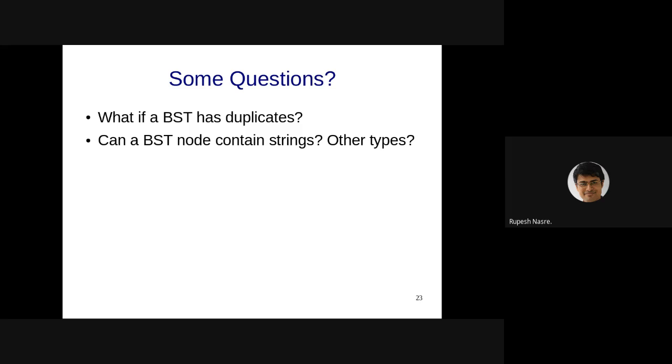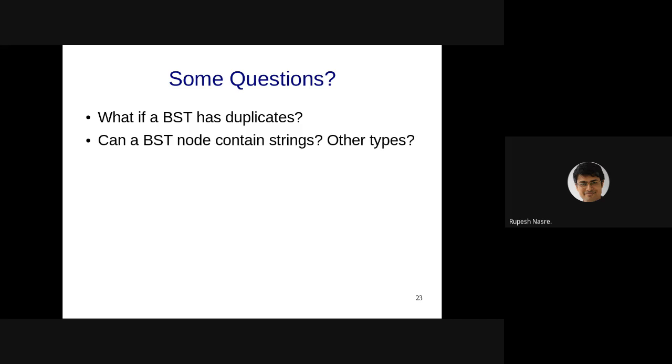Chania says it can contain comparable types. Murari says, how do we remove the node if the case is greater than or equal to for the right? Aniruddha says, as long as order and comparison is defined. Murari, I'll come to your question. Yes, as long as there is a comparison possible across two objects of the same type, that is, one is smaller than the other, that means that you are able to order them somehow.